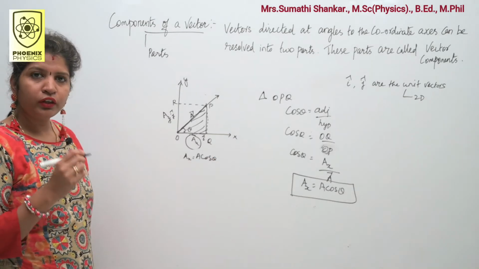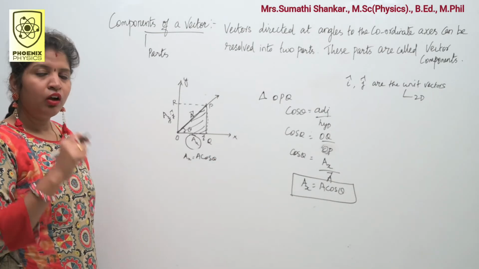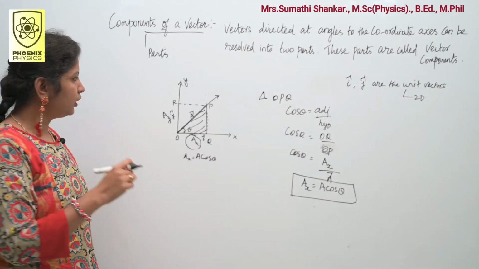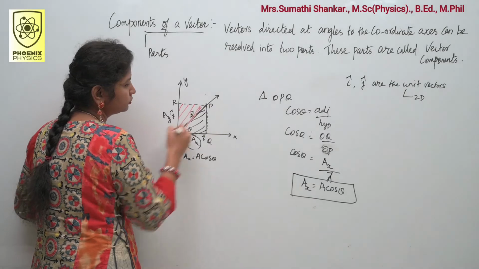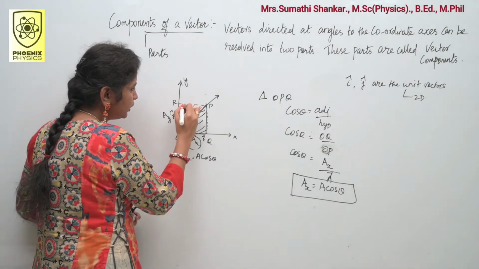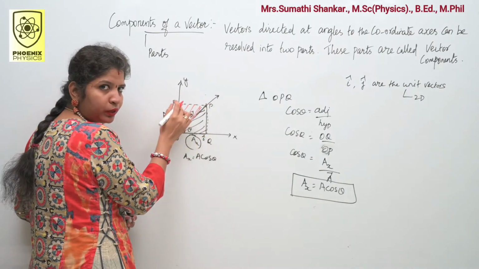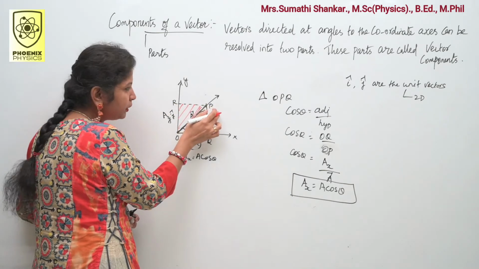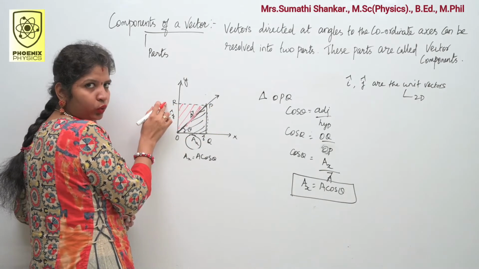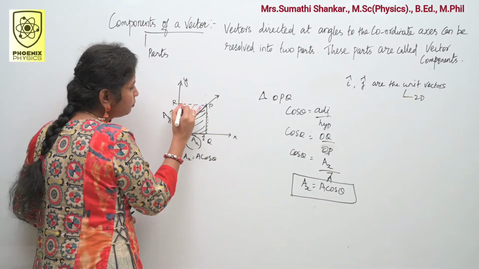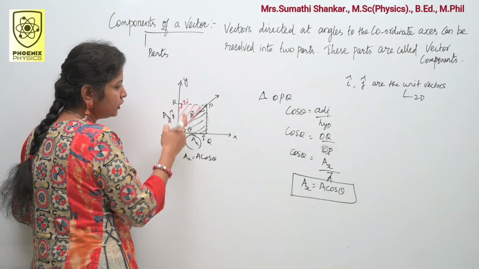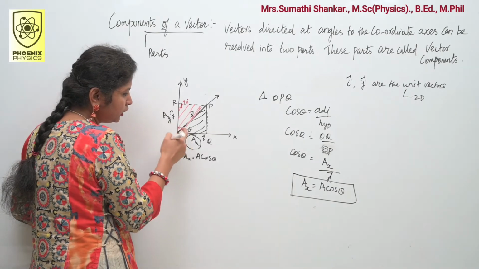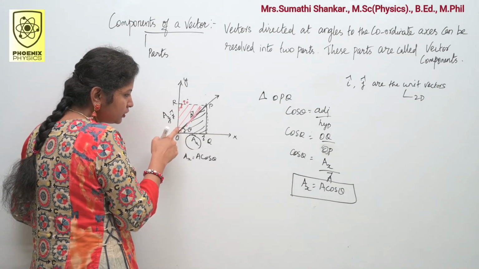Next we are going to find sin theta. For this, I am going to take this triangle. Here I drew a perpendicular line from P to the y axis, so it makes an angle of 90 degrees.